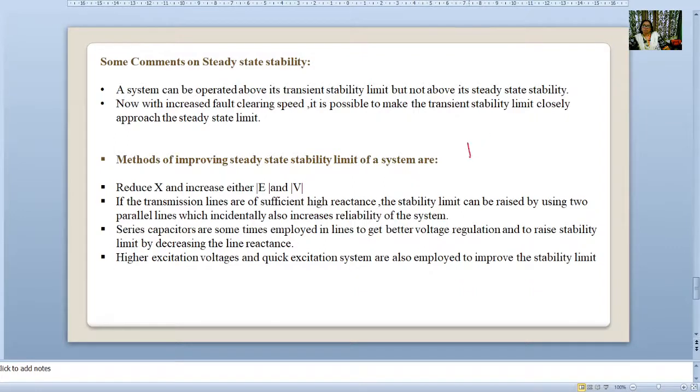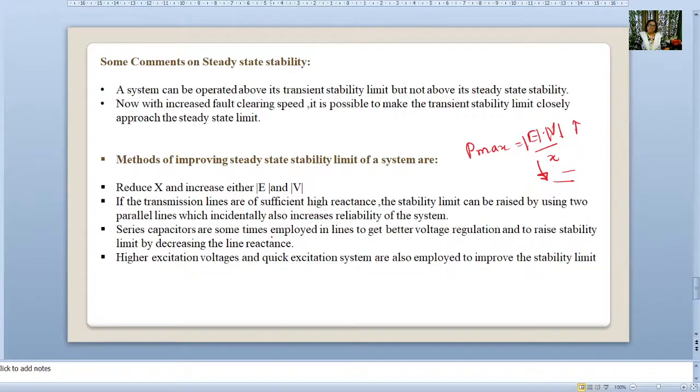We know P max is equal to mod of E into mod of V upon X. So either reduce X or increase E and V. If the transmission lines are of sufficiently high reactance, the stability limit can be raised by using two parallel lines. By using parallel lines, X can be reduced, which incidentally also increases the reliability of the system, because if one fails, the other can be used.